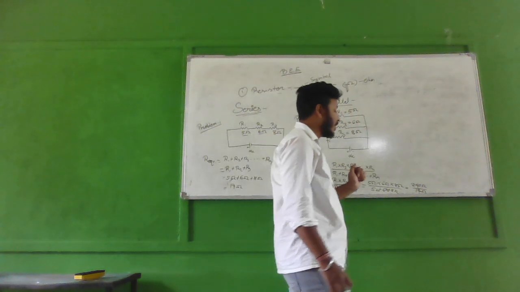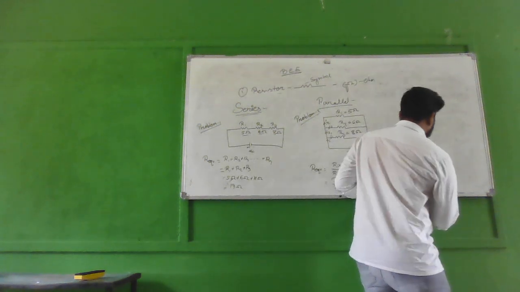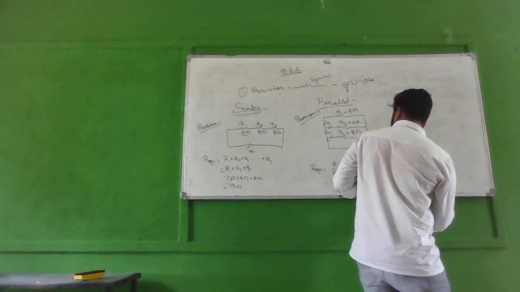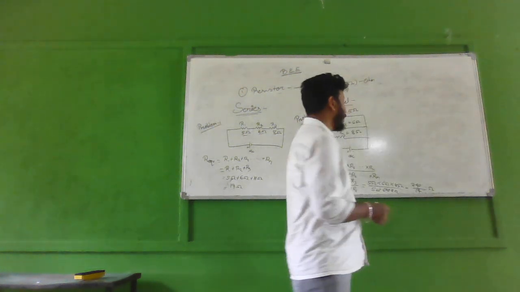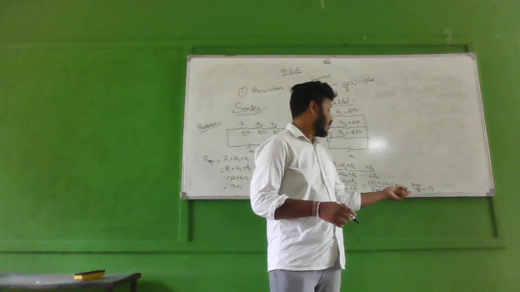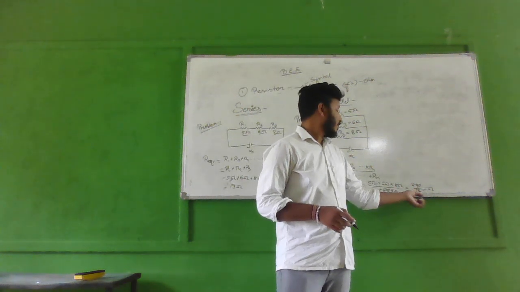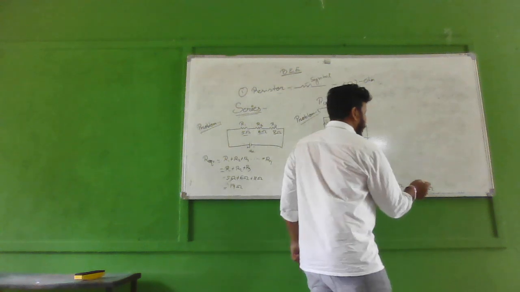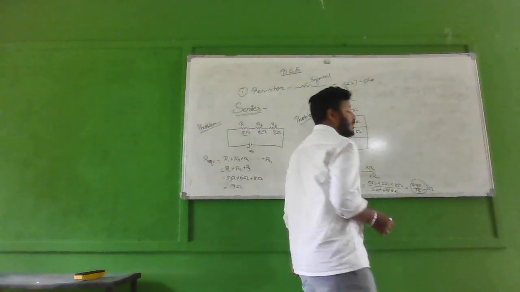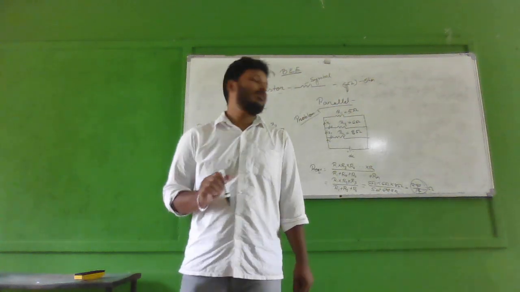So 240 by 19. Totally, R equivalent is 240 by 19. If you want the final value, you can solve this equation and get the decimal points also.